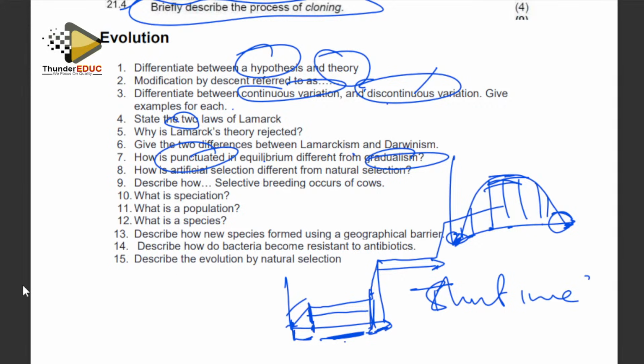But gradualism is gradual. If you go to ShopRite and buy your magic cream, and you apply it on your face, today you apply, tomorrow you apply, the other day you apply.